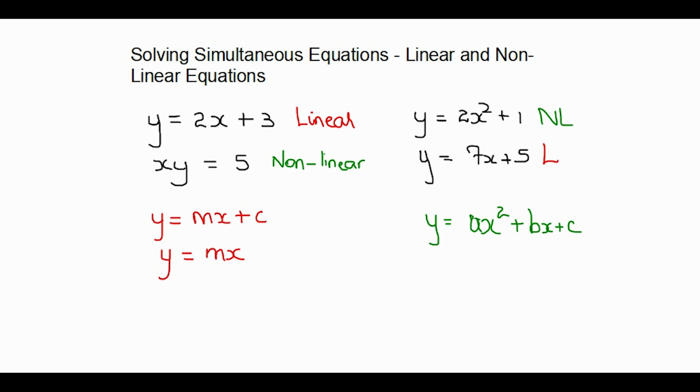We know that we can also have quadratics which look like this, where we just deal with a squared variable. And we also know that we can get the full quadratic.